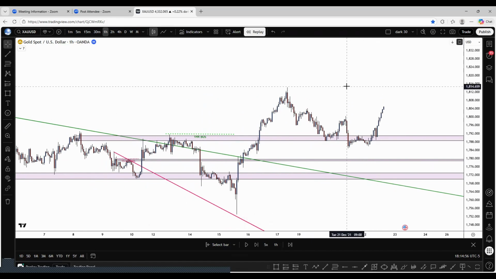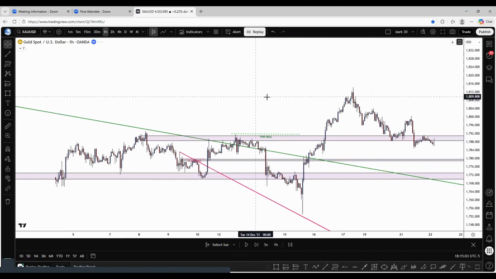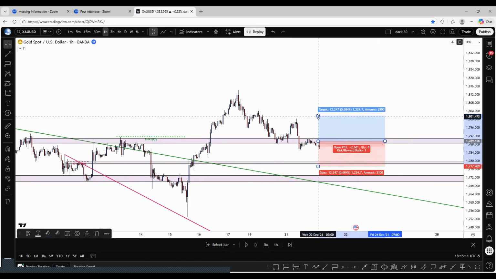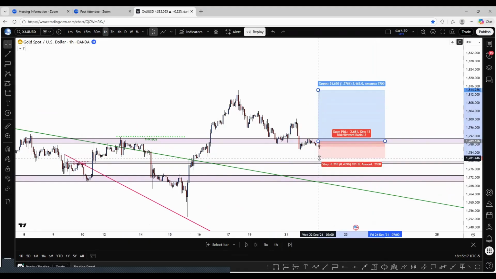And I will ride it back up to here, because mind you, like I said, I'm in replay mode because the market is closed and the thing is moving so fast. But I will ride it back up to there because that's the last point. And your stop loss will be below the zone.